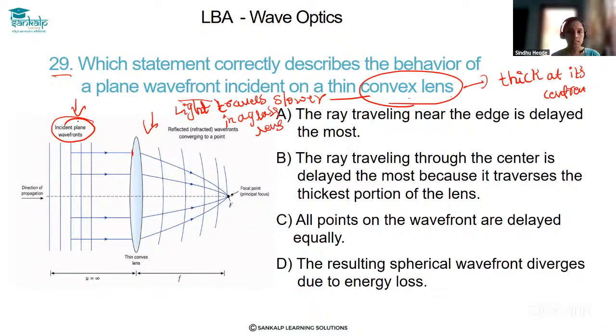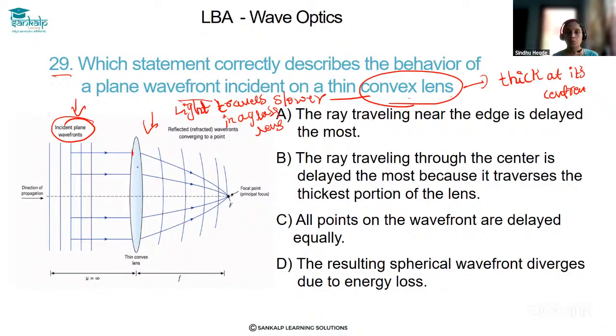So this incident plane wavefront gets delayed based on the thickness. The speed of light through this glass is based on the thickness of the glass lens.